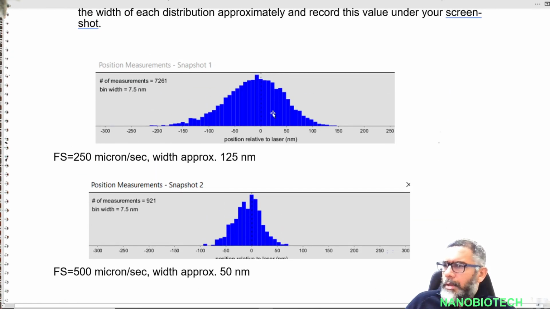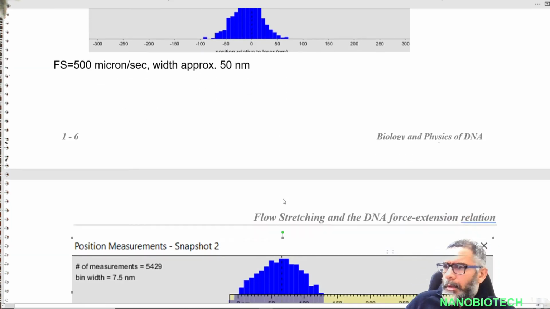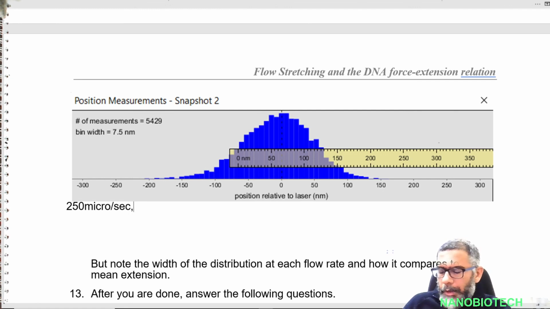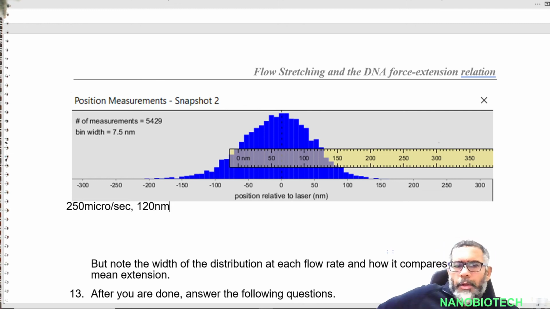I already put some of my histogram measurements, but I wanted to show you how to do it. Put it over there, and just under it, type what the flow speed was. It was 250 microns per second, right? And what is the width? I measured the width to be 120 nanometers, roughly. You don't need to be very accurate on this.